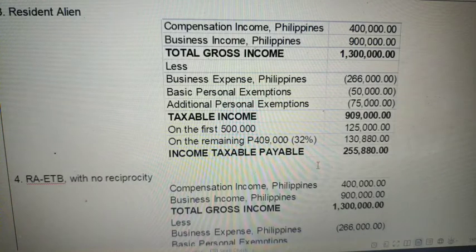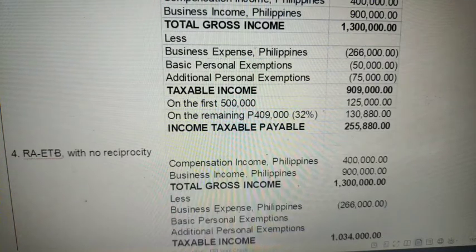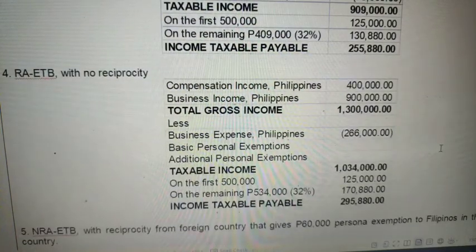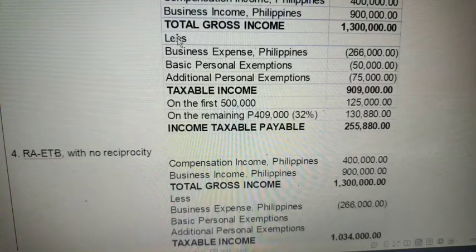So, now, let us proceed with the next type of individual taxpayer, which is the resident alien engaged in trade or business with no reciprocity. Okay. For the compensation income, the same. So, resident alien man siya. Diba? Sa babaw, this is also a resident alien.